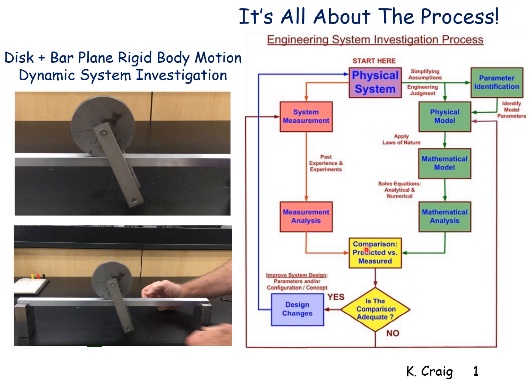What happens if you don't have the real system and can't do experiments on it? What happens if the physical system that you start with is a concept in the design process? What do you do? Well, you have to rely on past experience and experiments in order to validate maybe not the entire physical model and mathematical model, but maybe parts of it that are questionable, that you may have some doubts on.